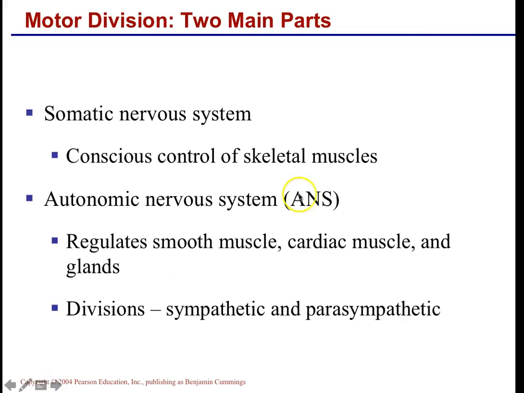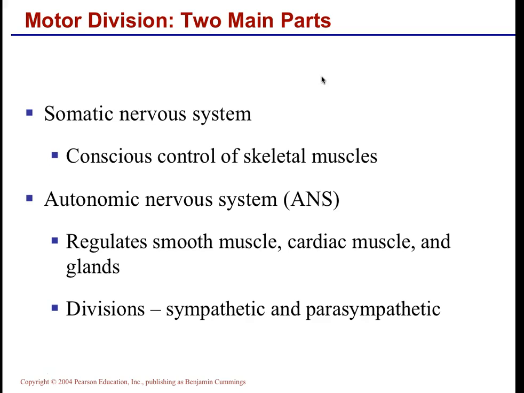All right, then we get into the whole issue of function. So you have voluntary control movement of skeletal muscles, that's called somatic. Everything else is autonomic.